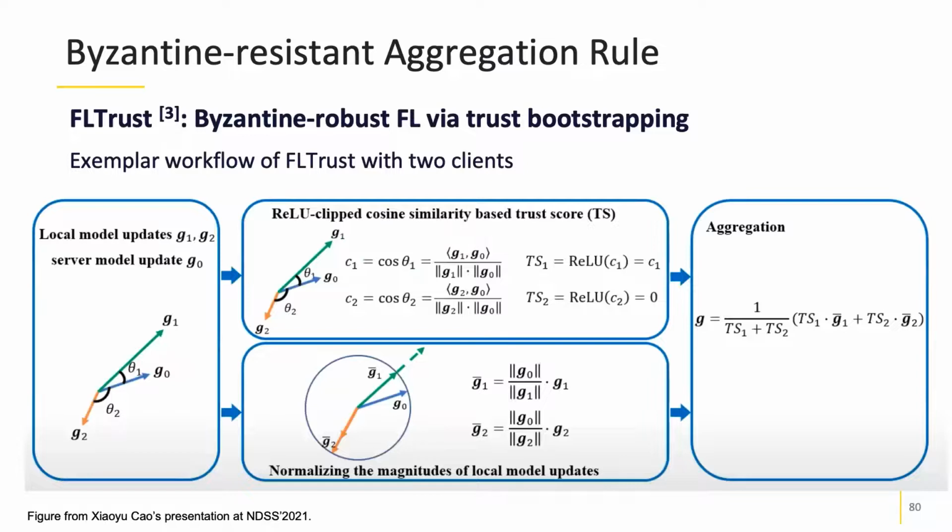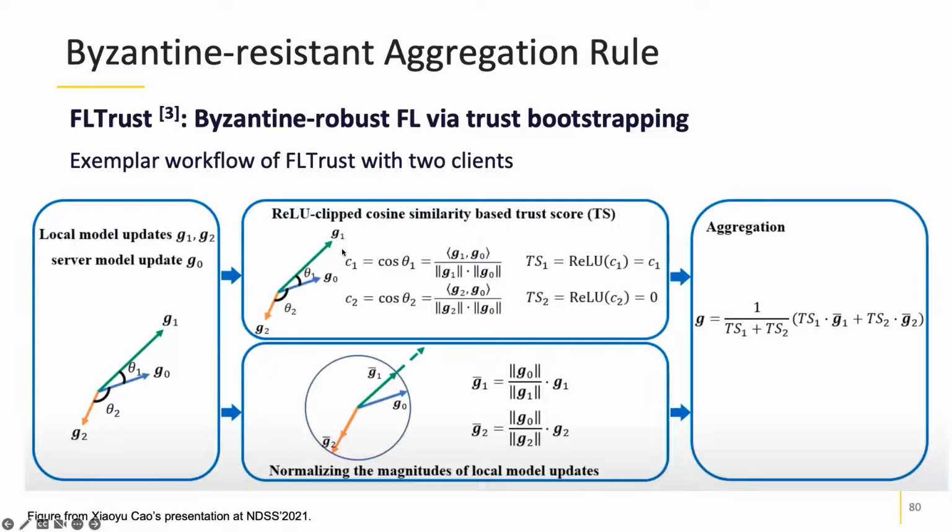Here we show an example of FLTrust in the scenario with two local clients. Here G0, the blue arrow, means the global model, and G1 and G2 mean the updates from two local clients. FLTrust computes the trust score based on the angular deviation between the local update, for example G1 here, and the global model, which is G0 here.